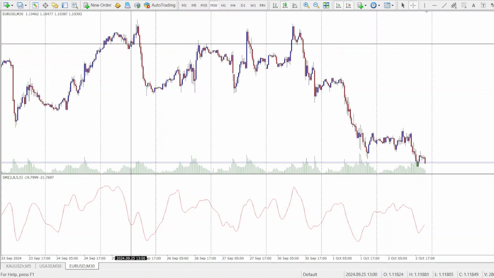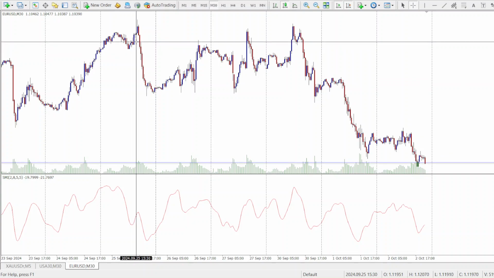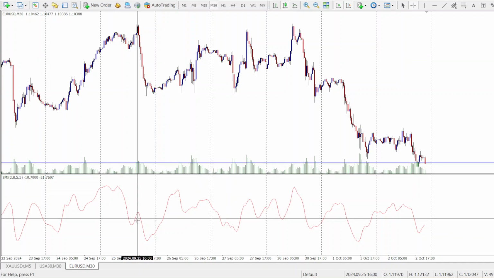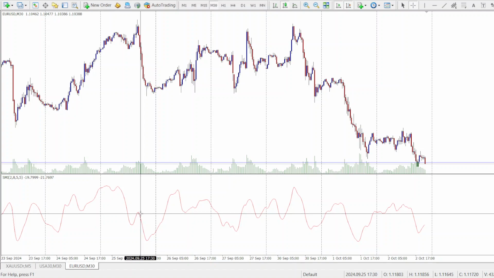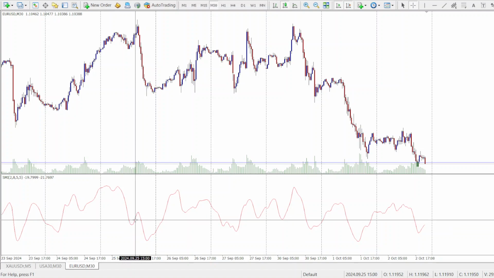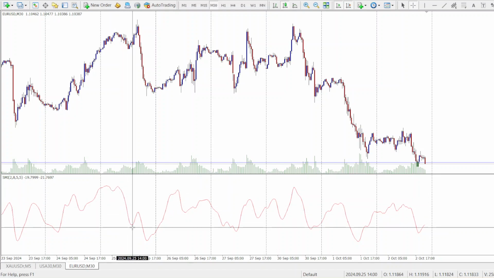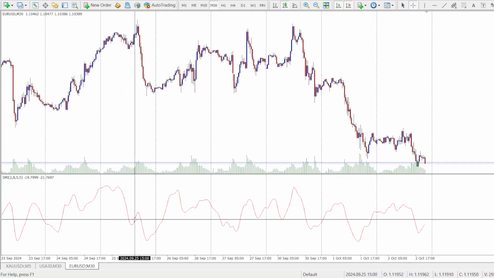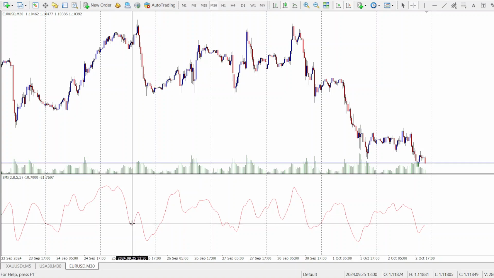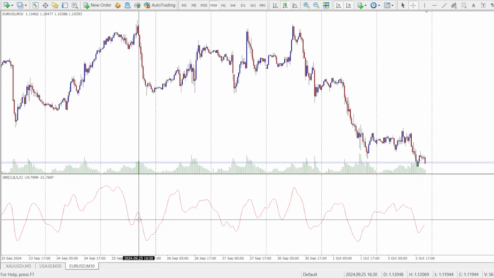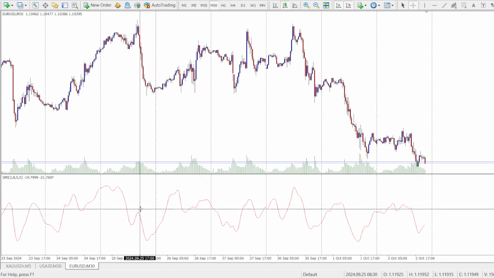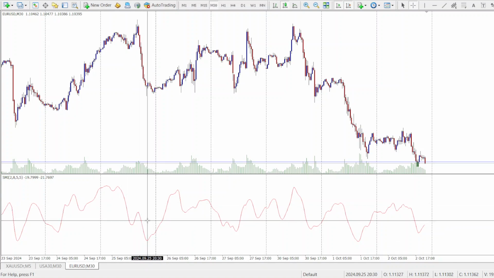Now, as a day trader, you can also decide to enter another trade within that same day, which is going to be around evening time, because you can see that after the SMI indicator went up, it curved back downwards, showing that the bearish momentum was still prevailing.